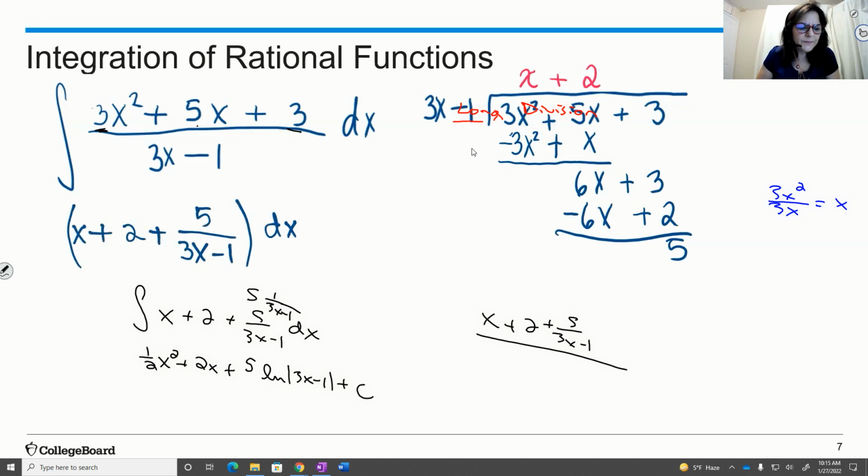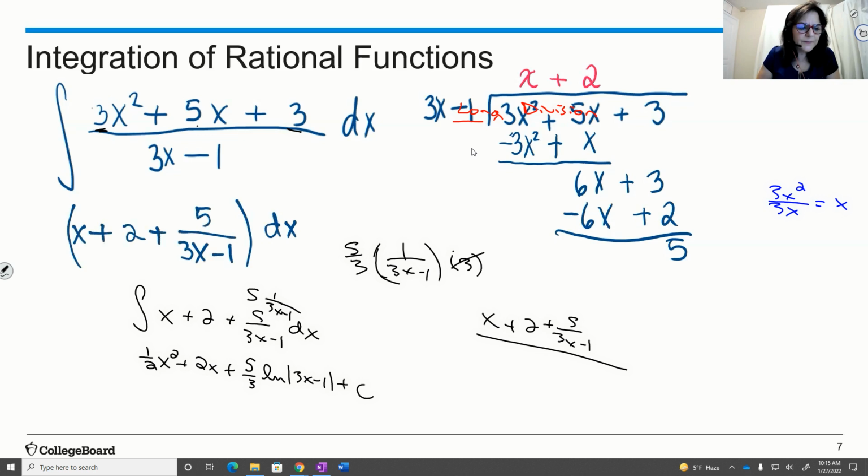We need to divide by 3, so we make it 5 thirds. Because when you differentiate this, it would be 5 thirds times 1 over u times u prime, so 1 over 3x minus 1 times the derivative of that, which would be 3.